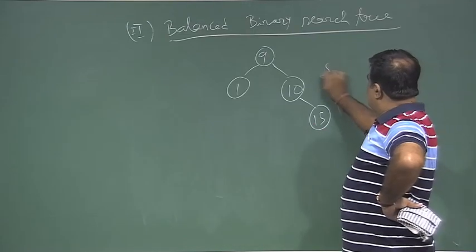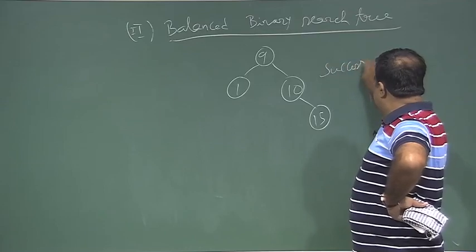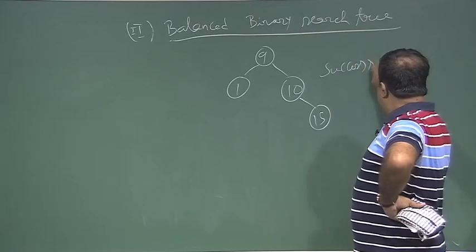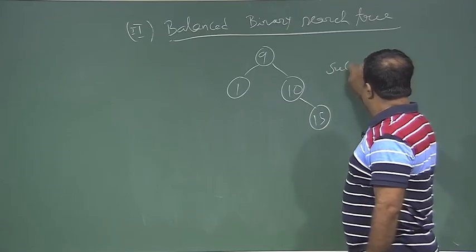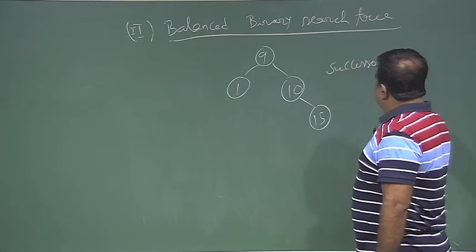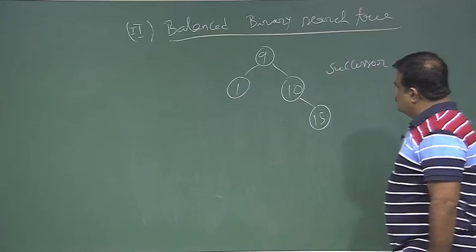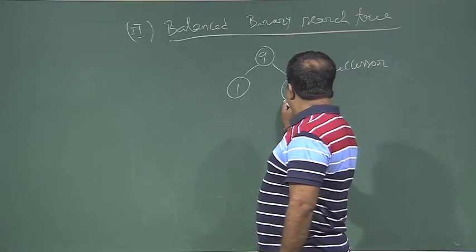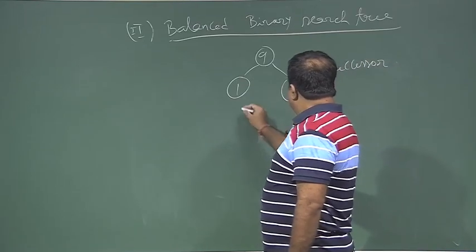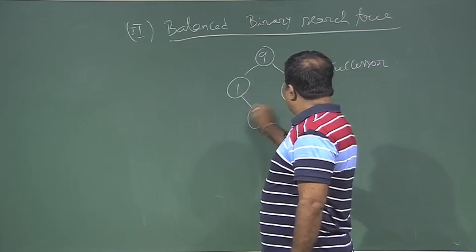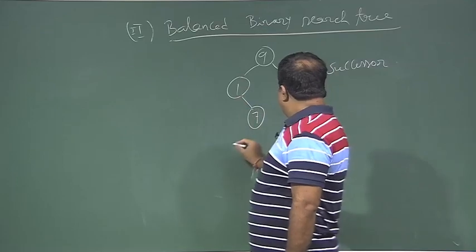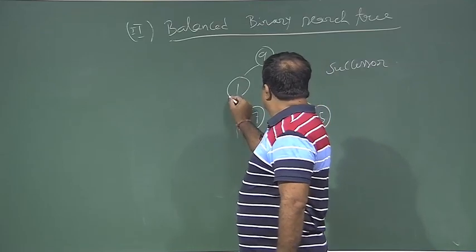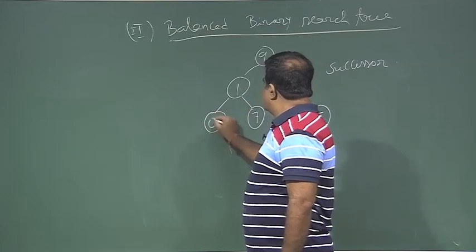And the successor also. So this is a binary search tree. Suppose we have a few more elements, say 9, 7, and 0 over here.